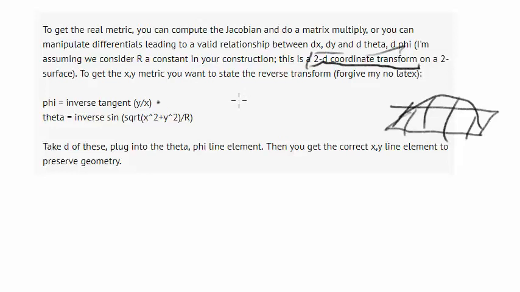I've been using arc cosine on both of these. Theta equals arc cosine of z over square root of x squared plus y squared plus, is it plus z squared? I think plus z squared.